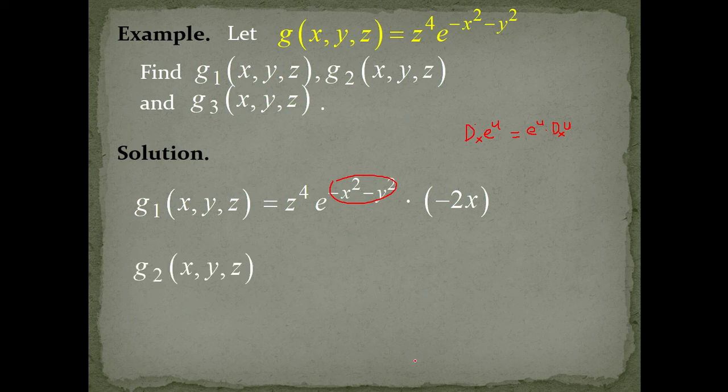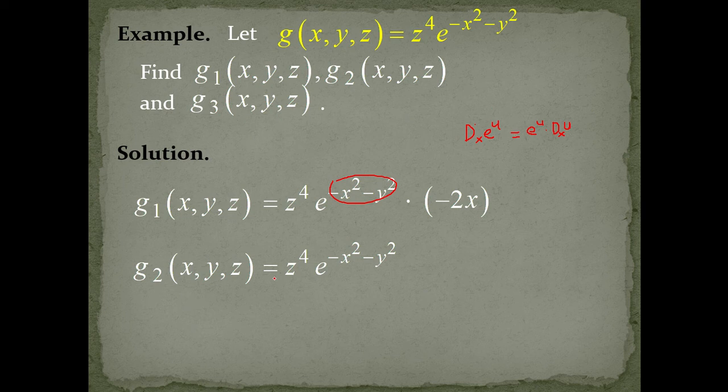Okay. Now, how about G2? You may rearrange, or you may just opt to put your answer in this manner. So G2, this time, you just take the derivative of the given function with respect to y. So we have to hold x and z as constant. So again z is a constant, and we have e to the u, so we just copy this one and then use this formula.